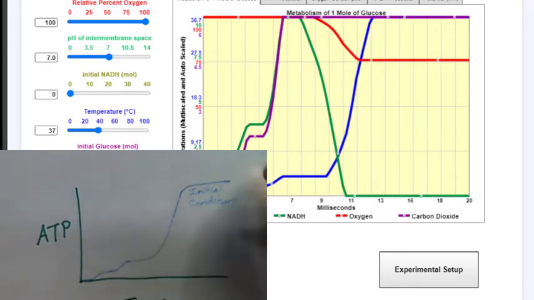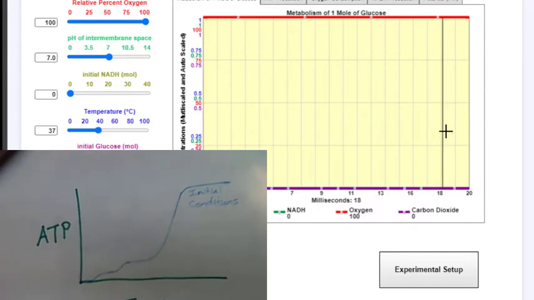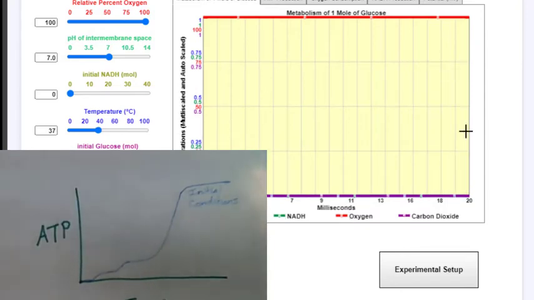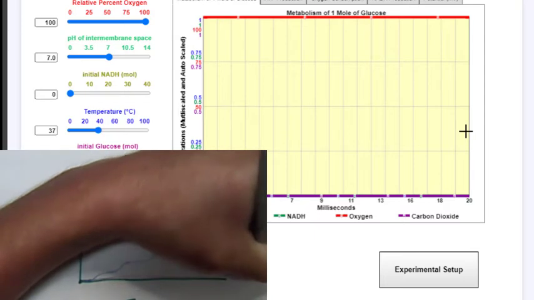And a lot of them will say, well, nothing will happen because there's no fuel source. So we run the simulation and we see that's right, no ATP is produced. So good news, and we can have them graph that. That right here, 0 glucose.